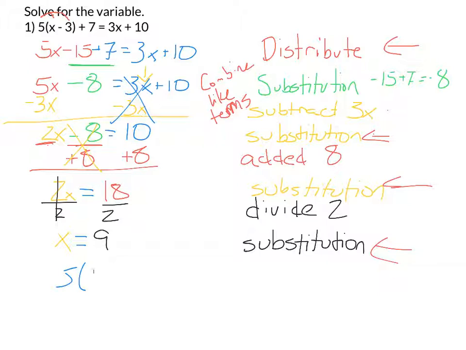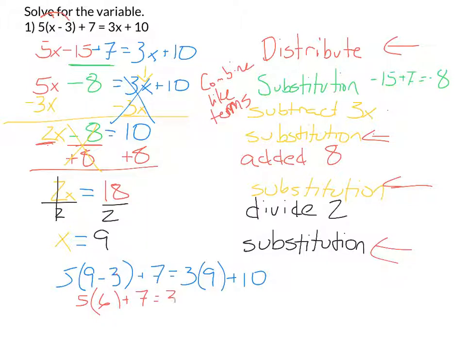So 5 times 9 minus 3 plus the 7 equals 3 times 9 plus 10. I want to see if these are equal to each other. Well, parentheses first, so 9 minus 3 becomes 6. So we have 5 times 6 plus 7 equals still 3 times 9 plus 10.